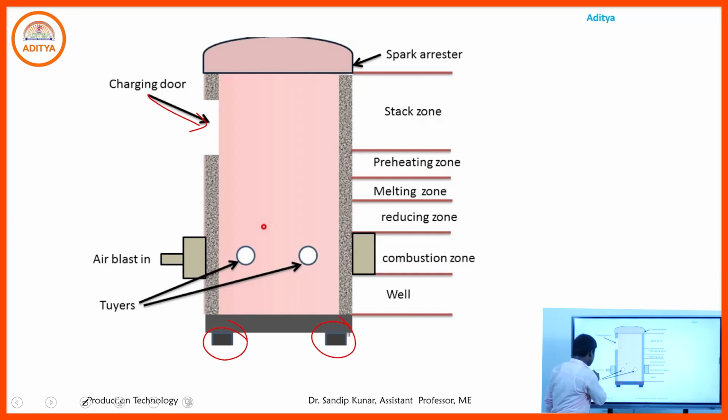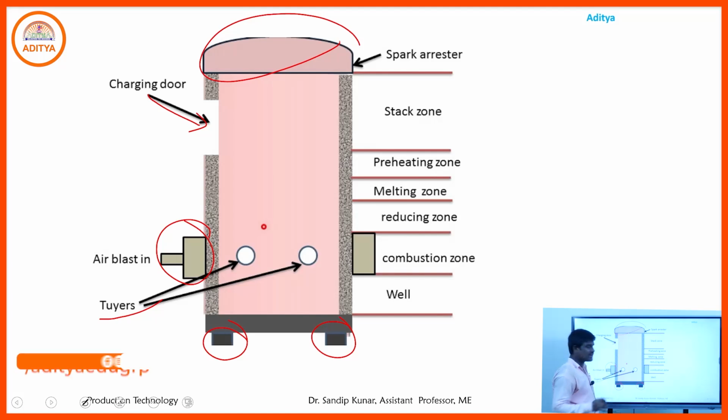Through the air blast we send oxygen for burning of the coke, and tuyeres are also used for sending air for burning purposes. Next is the spark arrestor. Smoke is generated during the melting of the charge, and that smoke is arrested in this zone, and then sent out to the atmosphere.